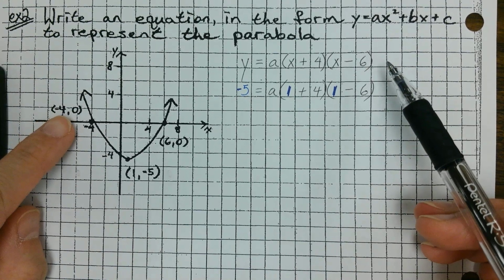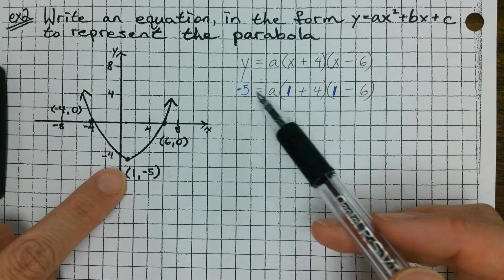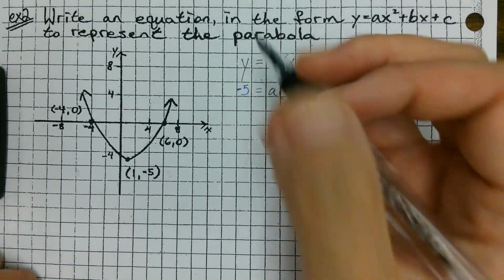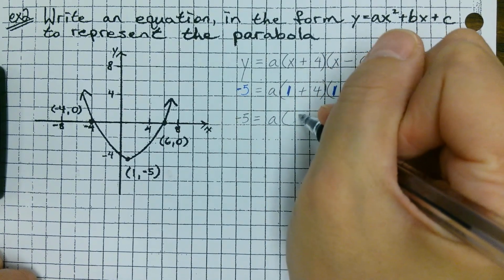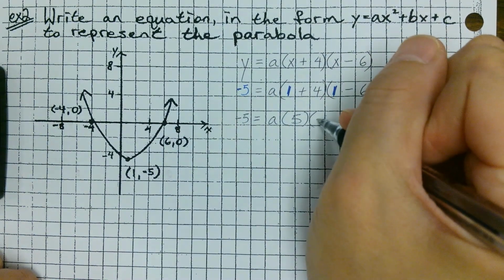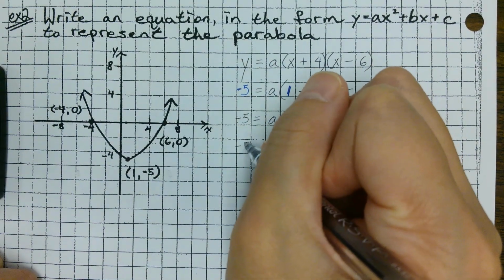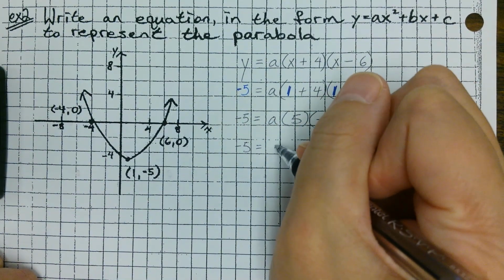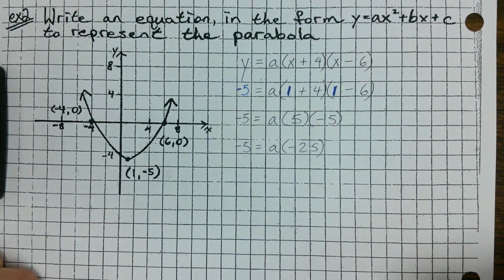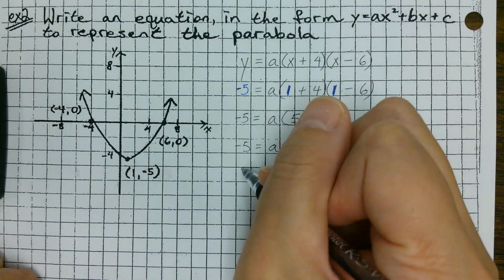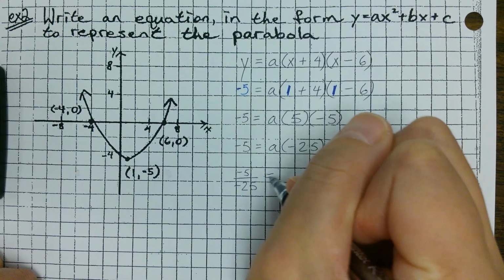Right? I set it up with my x-intercepts, so I need to use my other point to sub in for x and y. So negative 5 equals a times 5 times negative 5. So negative 5 equals a times negative 25. Divide that. So negative 5 over negative 25.